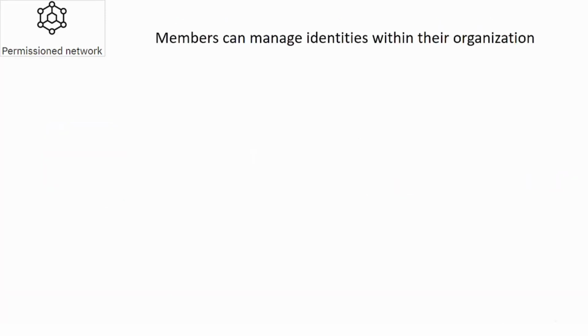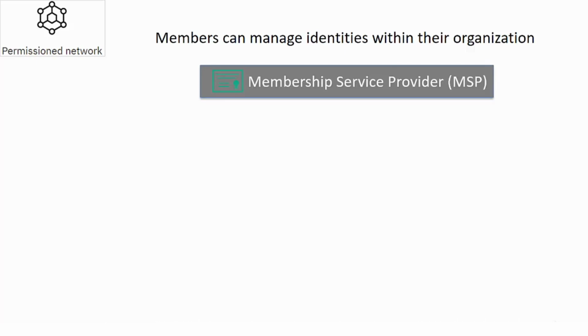Members can manage the identities within their organization. This aspect will remove the dependency on a single centralized certification authority, and this is achieved by way of implementing the concept of membership service providers, where the member can use their certificate to create new valid identities that can participate on the network.